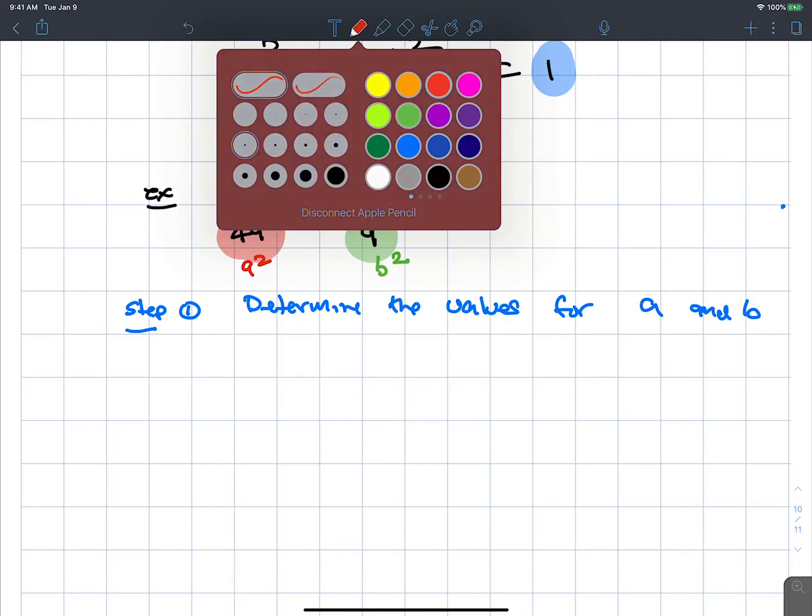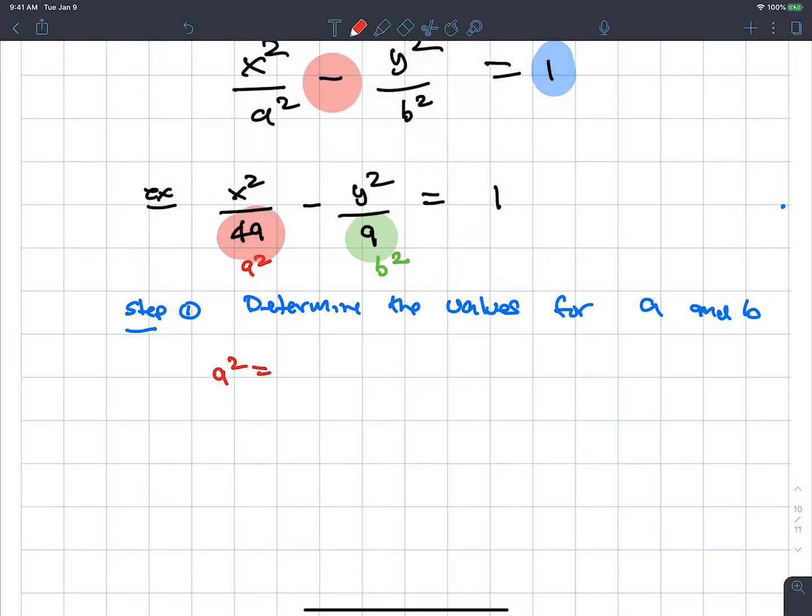So we're going to write that stuff down. A squared is 49. A will be plus or minus square root of 49. A is plus or minus 7.